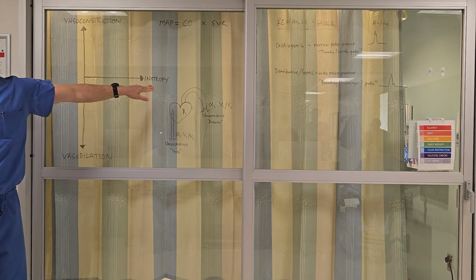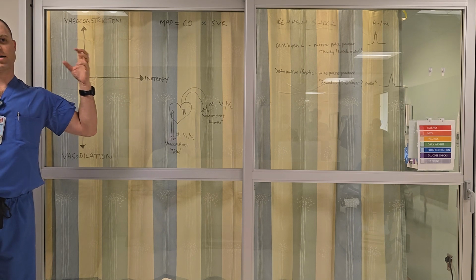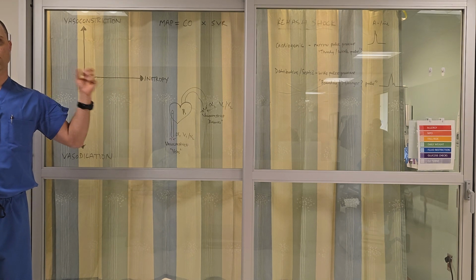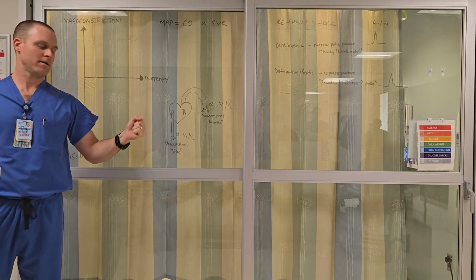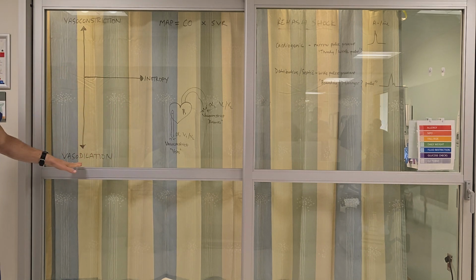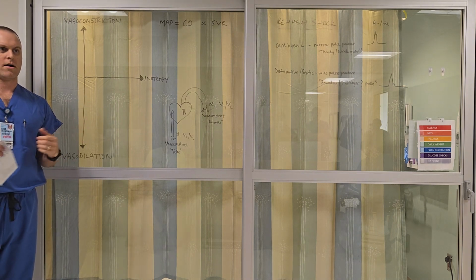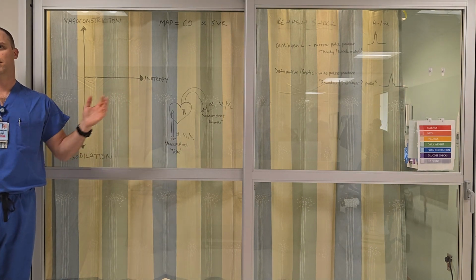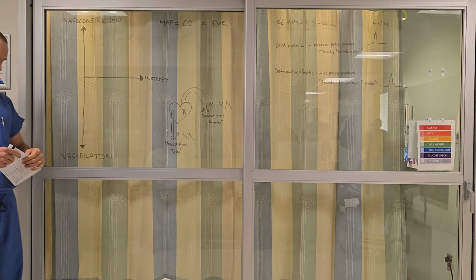Inotropy, does anybody know what that means? Inotropy means basically heart contractility, okay? So contraction, and how vigorous is the heart contracting. And then vasodilation is kind of what we were just talking about. Sepsis, arteries, veins, everything's wide open. There isn't much tone, okay?